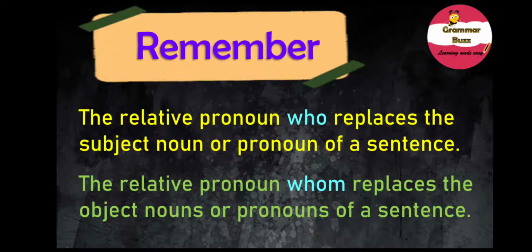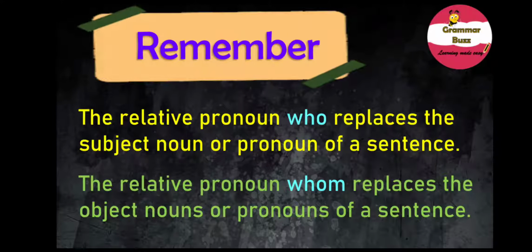And this is also the difference between the two relative pronouns who and whom. I know you will certainly remember this, won't you? I guess you have quite well understood the use of the relative pronouns who and whom.